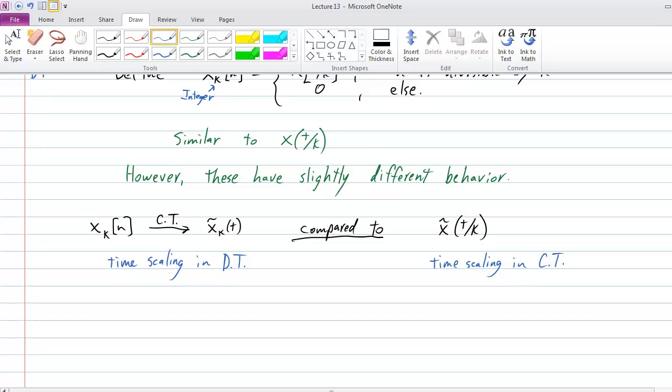Then what's going to happen in frequency? Let's first look at the frequency domain for just x by itself before it was sampled. Okay. I'm going to draw this kind of funny just so that we can keep track of it. Let's say it looks like that.